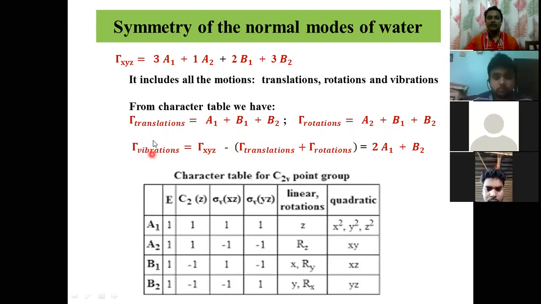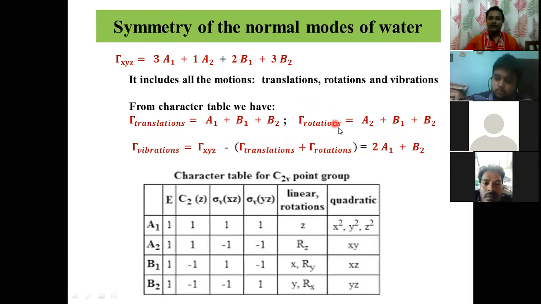Now to get the vibrations, take the total representations and then subtract the translations and rotations, right? So that's what we get: 2a1 plus b2. Okay, in the last class, Anmol asked why we did not go for the bond coordinates. Here we go.